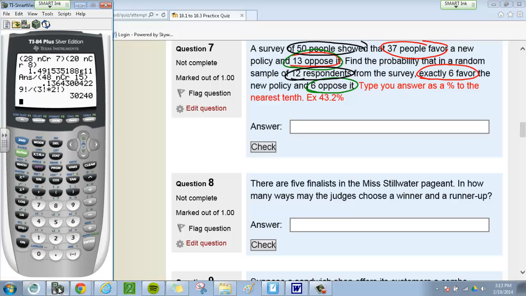We'll use our calculator like I did before. Use a parenthesis. Let's focus on the people that favor it. You're choosing 6 from 37, so you have 37 choose 6. Close that off. We're going to multiply that by, there were 13 that oppose it, and you're choosing 6 from that 13.